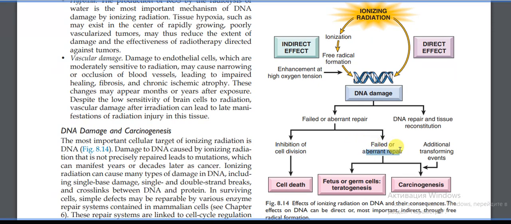Failed or aberrant repair might affect the fetus or germ cells; in the case of pregnant women, it causes teratogenic effects. But in failed or aberrant repair in a non-pregnant person, with additional transforming events, it causes carcinogenesis. So we always have some additional transforming events, but together with ionizing radiation, it increases the rate of carcinogenesis and cancer formation.